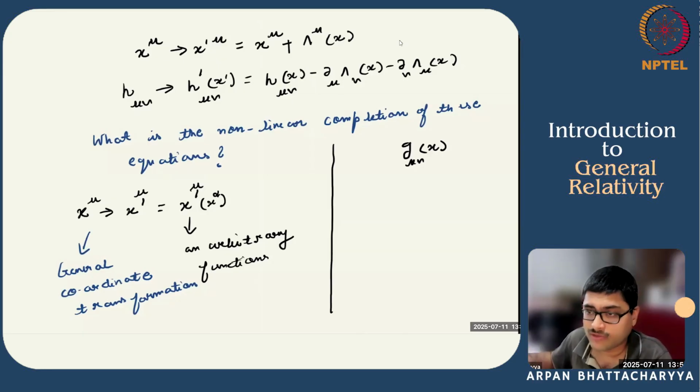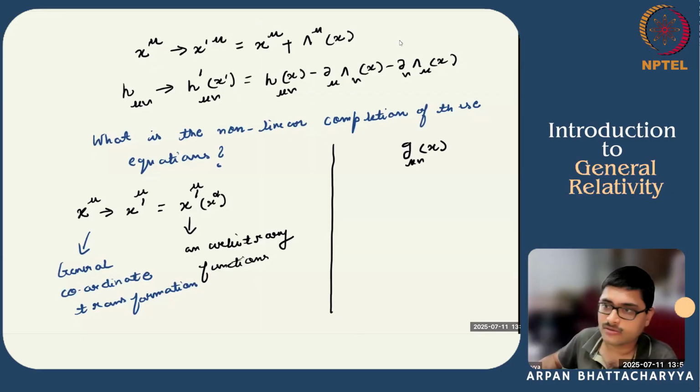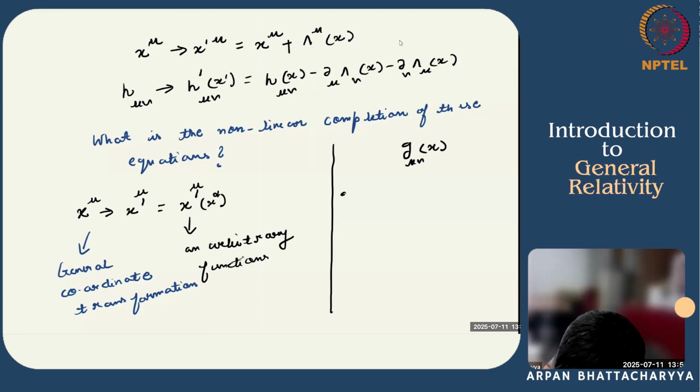But now, as we have seen, we have to work with a general metric g mu nu, and just like the Minkowski case, with the help of this metric we can define a notion of distance between two infinitesimally separated points, and the corresponding squared line element is given this way.